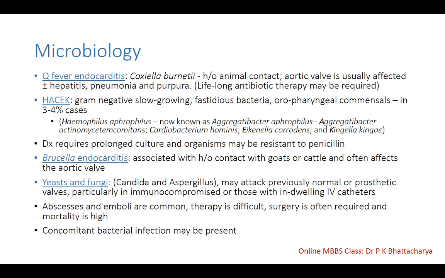Abscesses and emboli are common. The treatment is difficult in these people, you may require surgery, and it carries a high mortality. In these types of infective endocarditis by yeast and fungi, there may be concomitant bacterial superinfection. So that has to be kept in mind. Along with the antifungal drugs, antimicrobial drugs for bacteria may also have to be given.